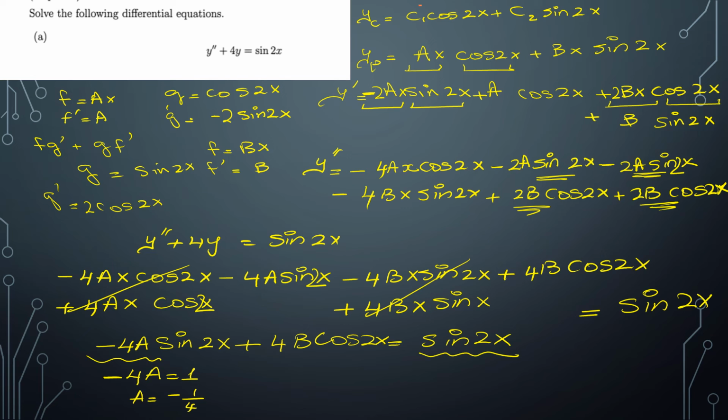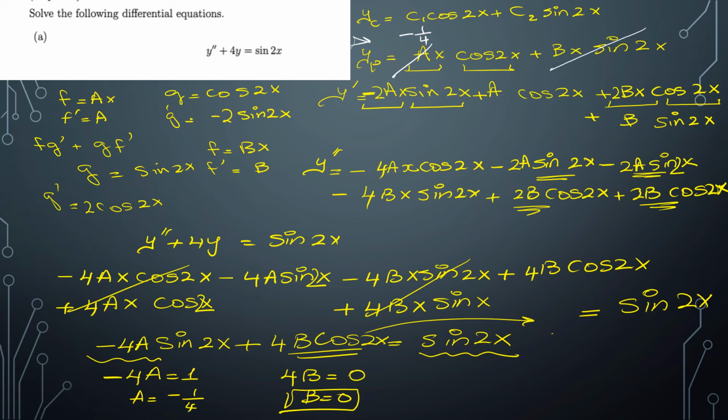Now cosine 2x, there is no cosine 2x on the right hand side. So I can write here 4b equals 0. So b equals 0. Now I have the a and the b values. I will go on the top, and in my y particular values, in place of a, I will write here negative 1 over 4, and in place of b, I will write 0, so that this whole term will go to 0.